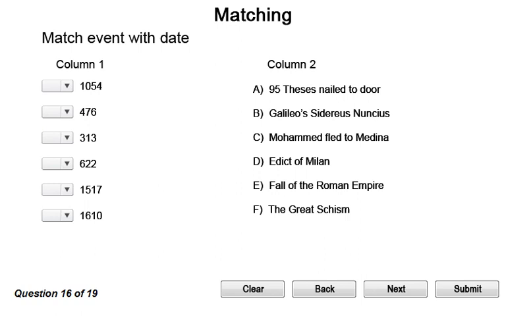Muhammad fled to Medina, 622. The Edict of Milan, 313. Fall of the Roman Empire, 476. The Great Schism between the Eastern Church and the Western Church, 1054. These are the key dates to remember.